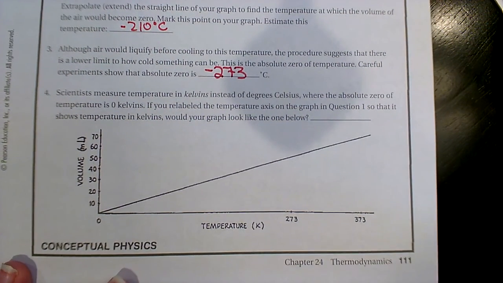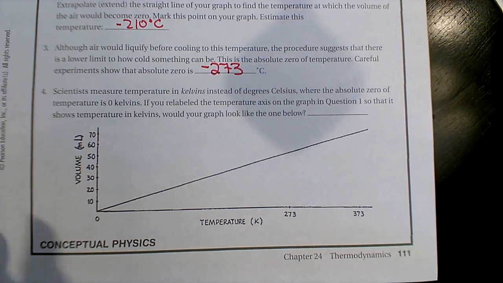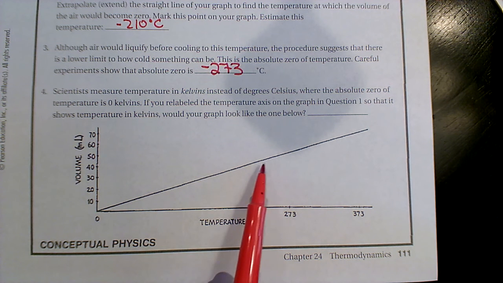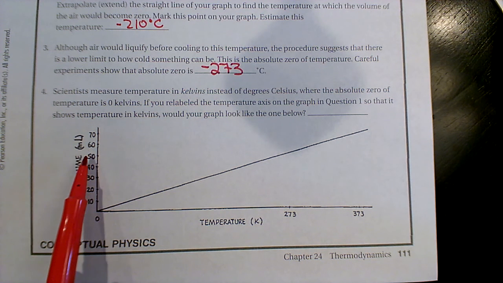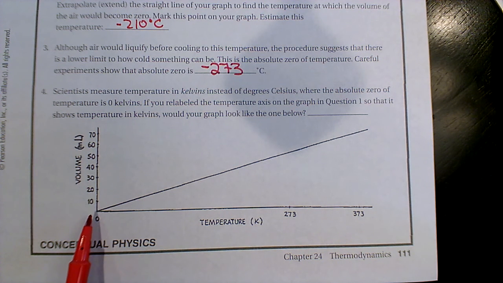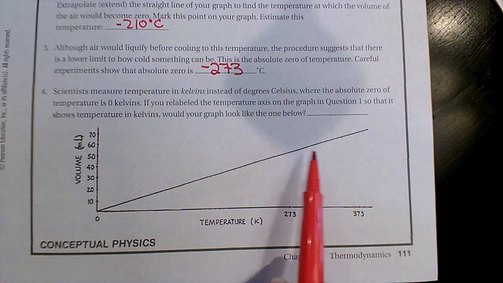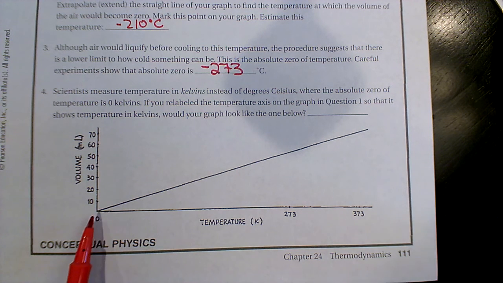But let's think about this. So here's Kelvin. Here's that same graph in the Kelvin scale. So I still have volume and I still have temperature. But now, when they get slow enough that they don't need any space, the temperature is also at 0.